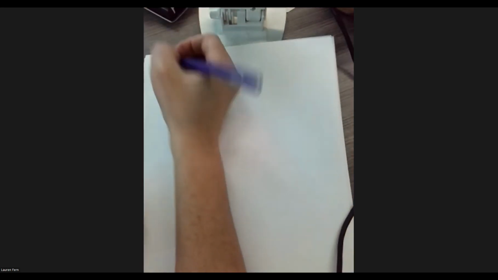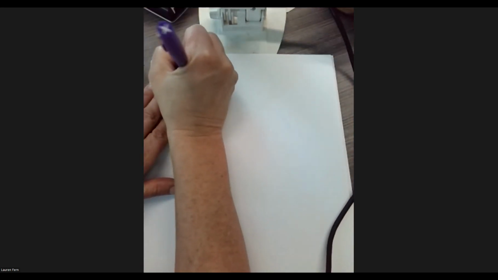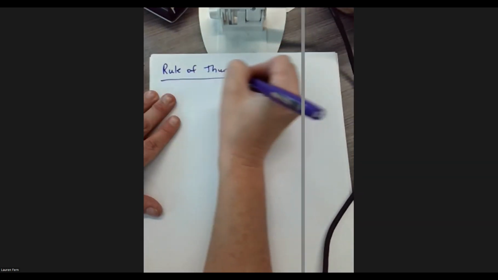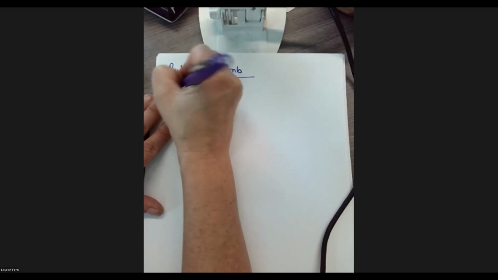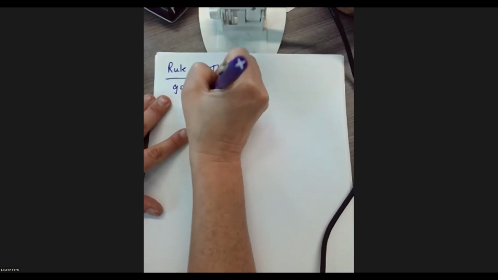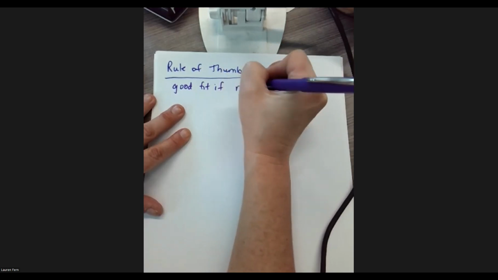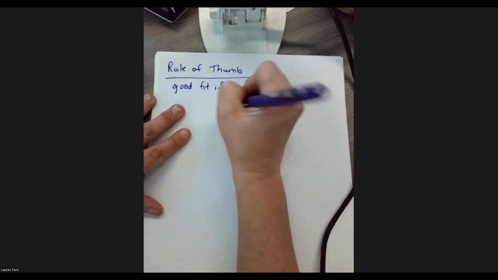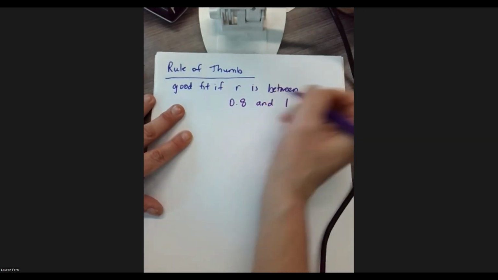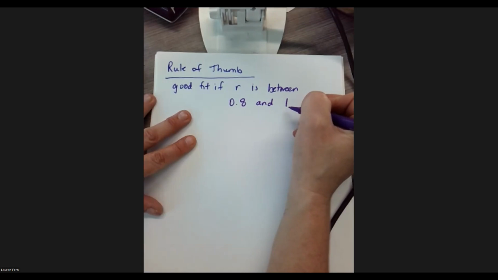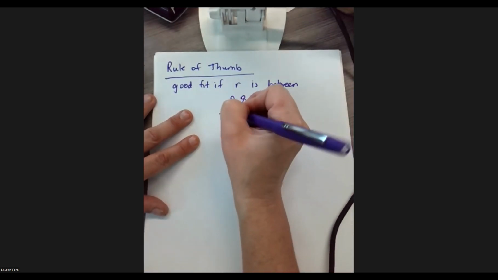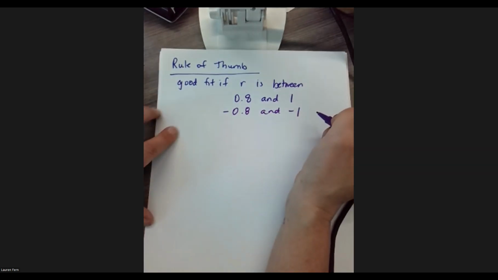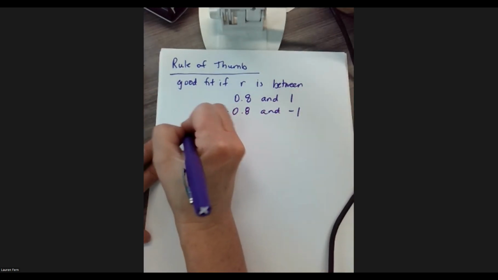Well, here is our rule of thumb. The rule of thumb is it's a good fit if R is between either 0.8 and +1, that's if you have a positive slope, or -0.8 and -1. It's a moderate fit.